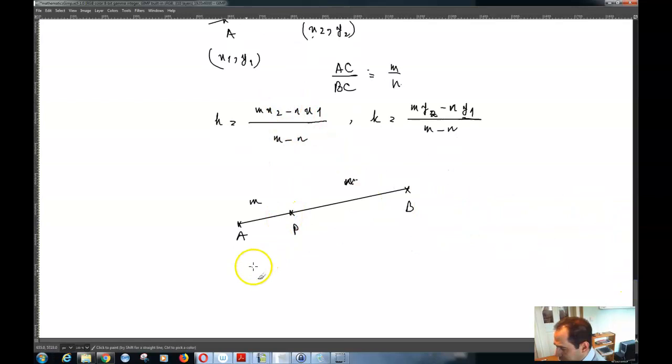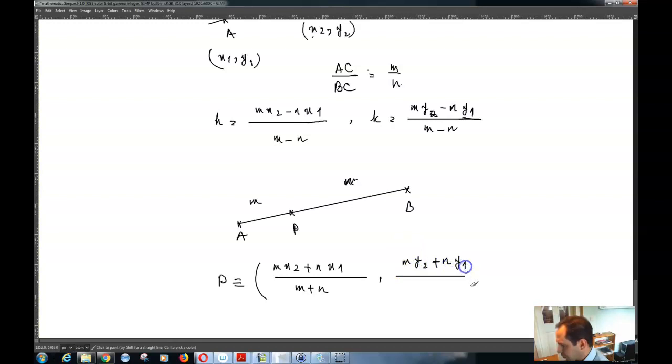Previously what we found was that the coordinates of the point P are m times x2 plus n times x1 over m plus n, and m times y2 plus n times y1 over m plus n. That's what we found over here.